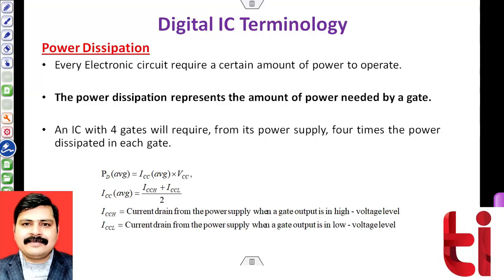It depends upon whether the gate output is at high level or low level. In both situations, we have to calculate the current drain from the power supply separately and take an average. Then we can easily calculate the power dissipation.